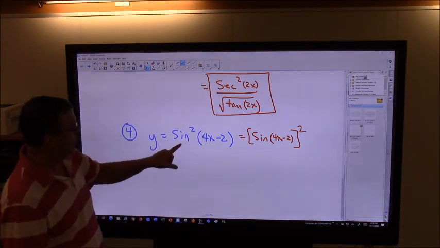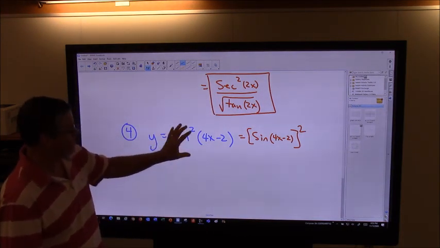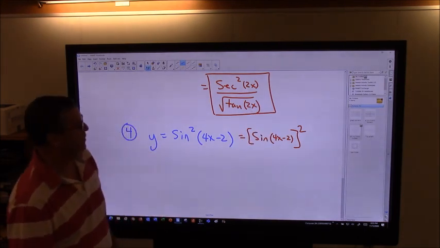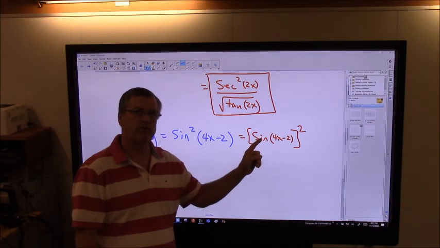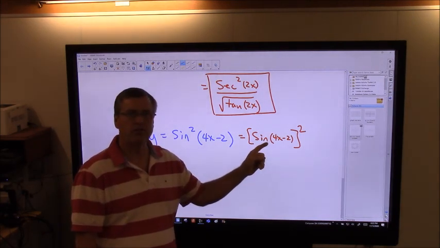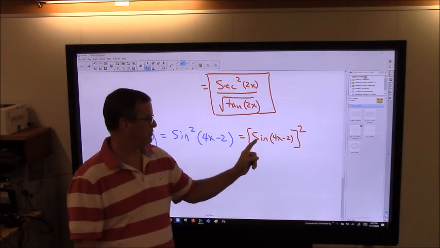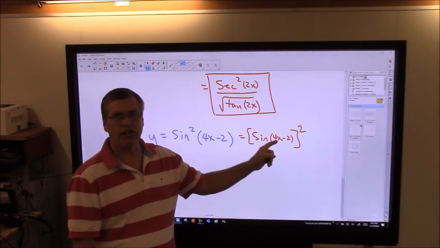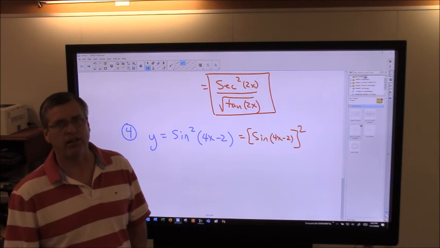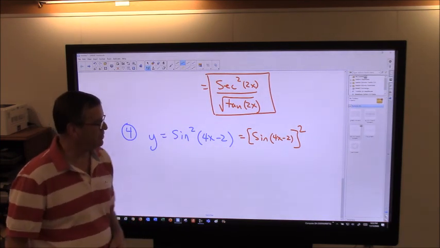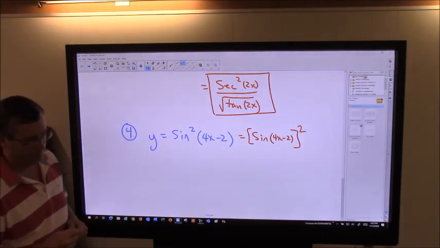I need to always take trig functions raised to an exponent and write it this way, because then I've got something inside parentheses raised to an exponent. That's a chain rule, along with a trig function that's got a messy angle. To me, a messy angle is anything other than x or theta. You guys go ahead and try that. See if you can find that derivative.